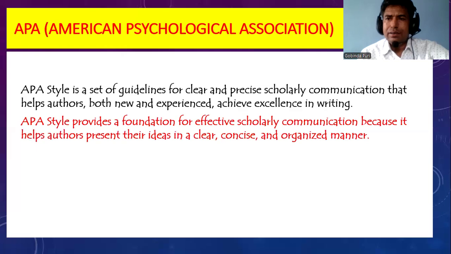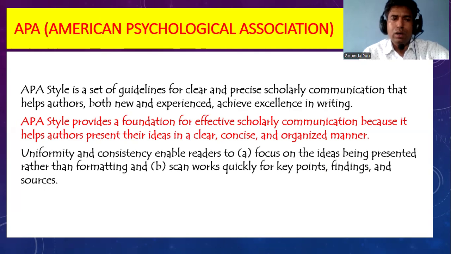APA style provides a foundation for effective scholarly communication because it helps authors present their ideas in a clear, concise, and organized manner. So uniformity and consistency enable readers to focus on the ideas being presented rather than formatting, and to scan works quickly for key points, findings, and sources.